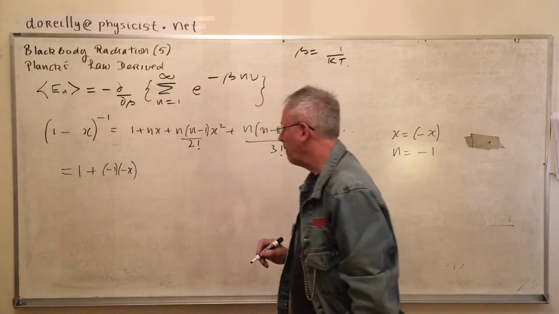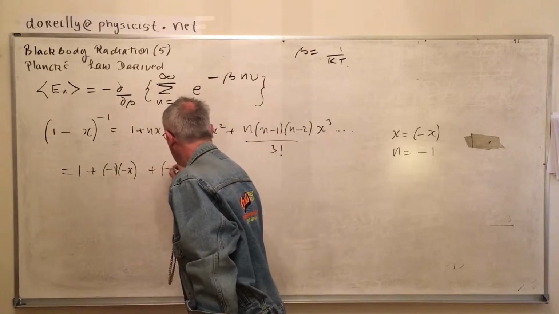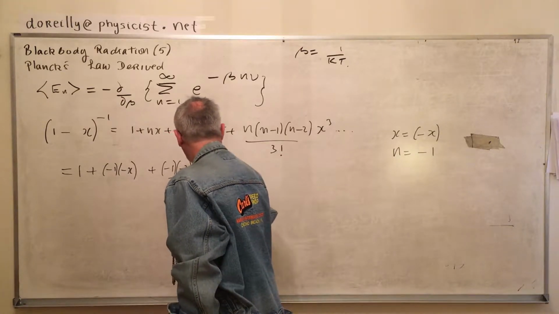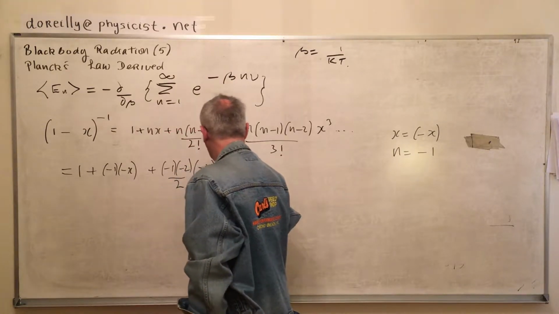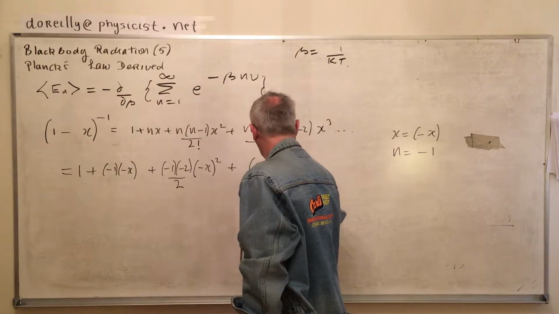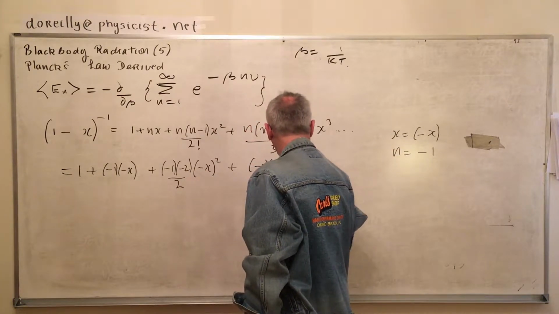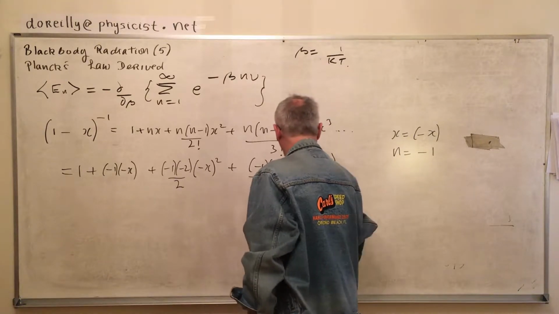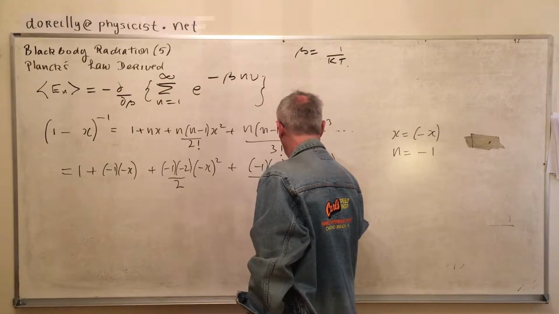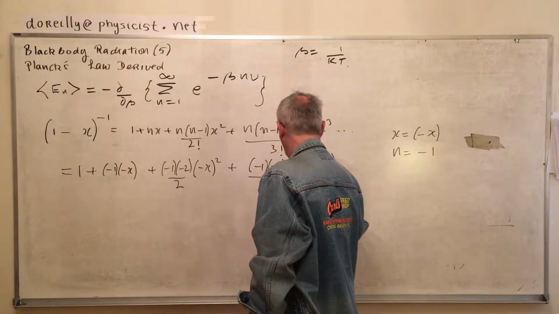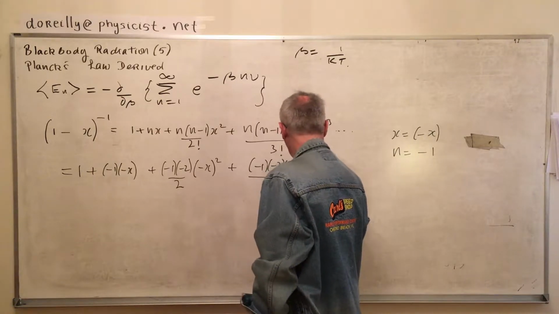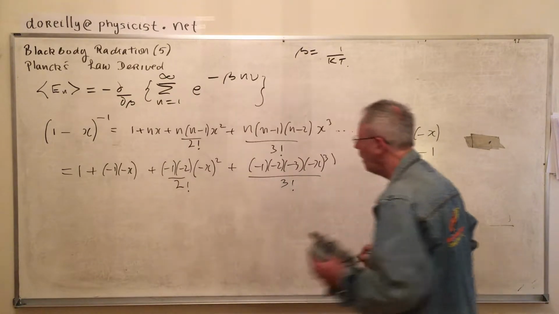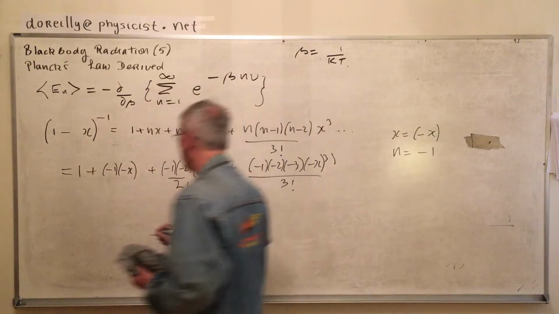Okay, so far so good. Plus minus 1 times minus 2 over 2 times minus x squared plus minus 1 times minus 2 times minus 3 times minus x cubed over 3 factorial. 2 factorial. Okay, so what does that give us?